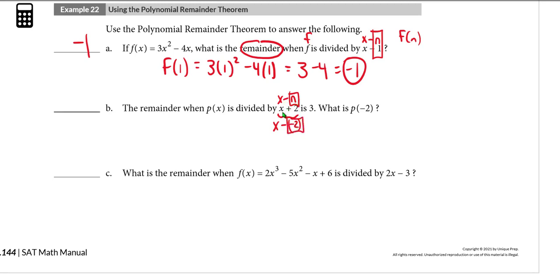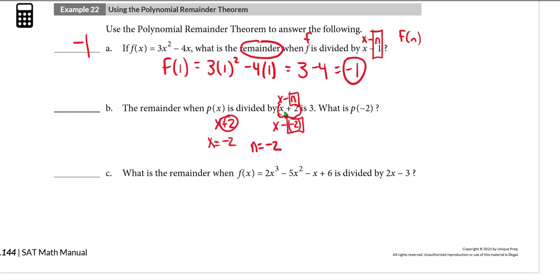Another way of thinking about that is that n is the 0 corresponding to whatever factor we're dealing with. For a factor of x plus 2, we can just flip the sign on the positive 2 and get the 0 of negative 2. So n is just whatever value your 0 would normally be, and in this case, n is negative 2.